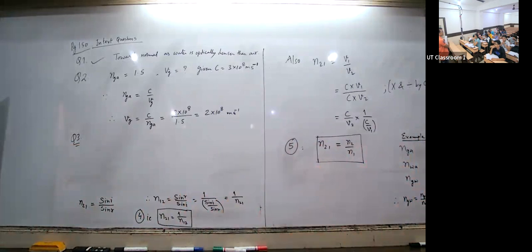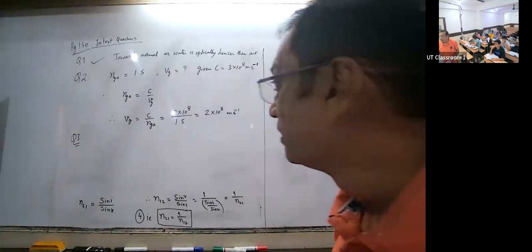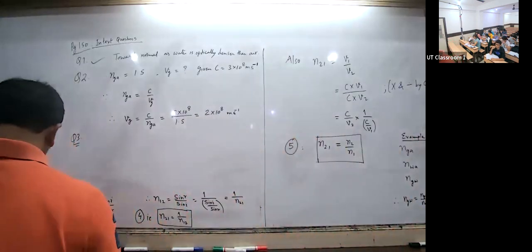In the question, you make a correction. So what is the highest? Diamond, 2.42. And the smallest is air. Right, so you can just mention it.